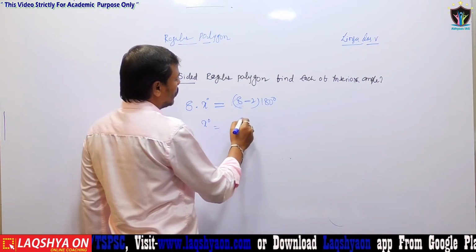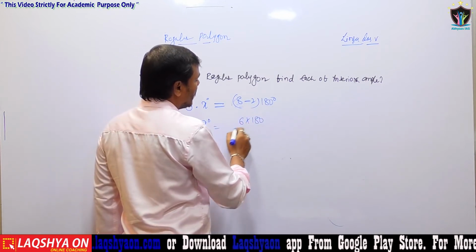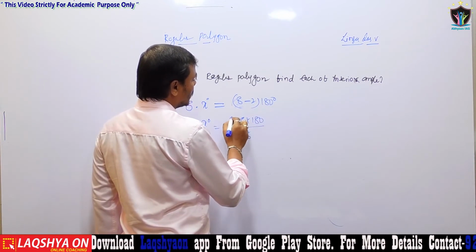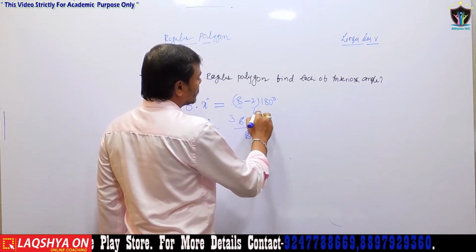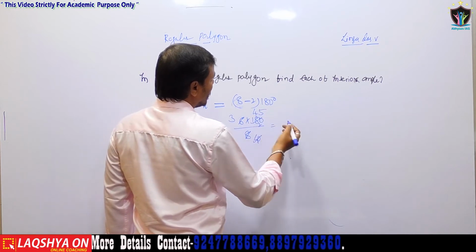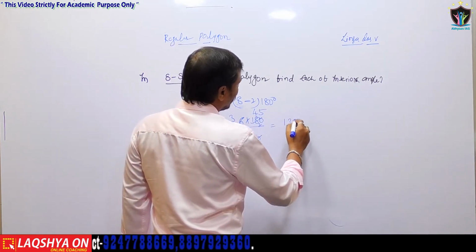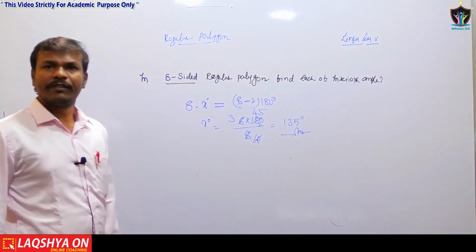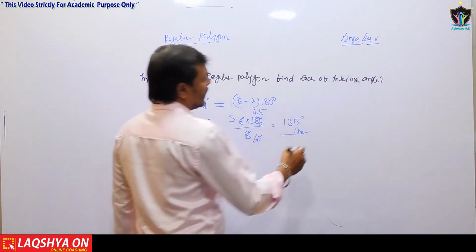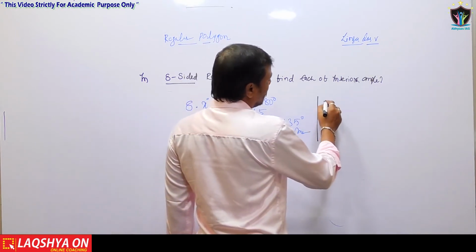So x degrees is equal to 6 into 180 by 8. 2 3s are 6, 2 4s are 8, 4 4s are 16, 4 5s are 20, 45 3s are 135 degrees.